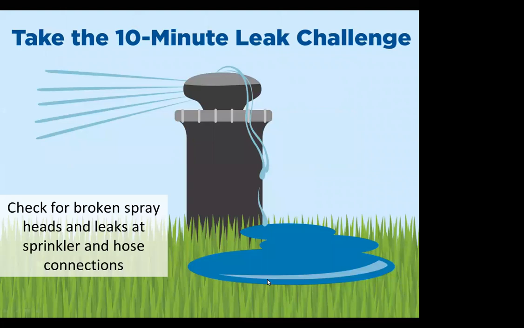And then move outdoors and check your irrigation. If you remember at the beginning of this presentation, I mentioned that irrigation is the most likely area for a leak. So checking your irrigation is really going to require you to visually inspect your system and check for broken spray heads, leaking sprinklers or hose connections.